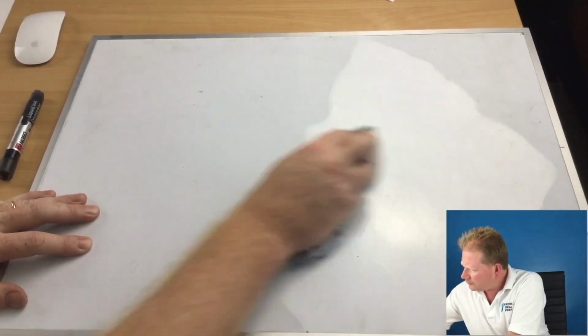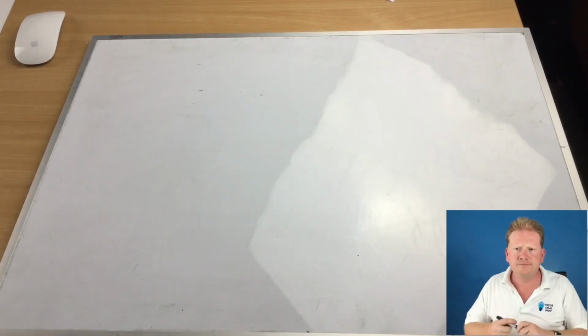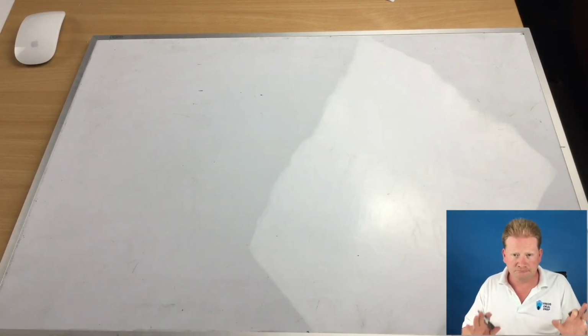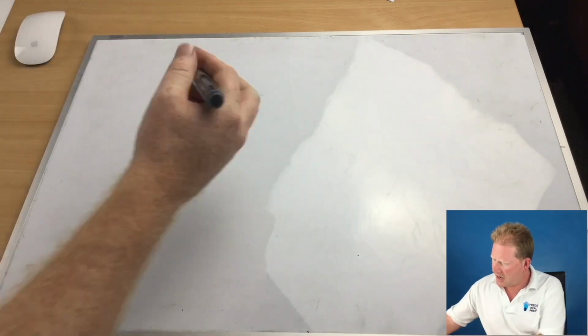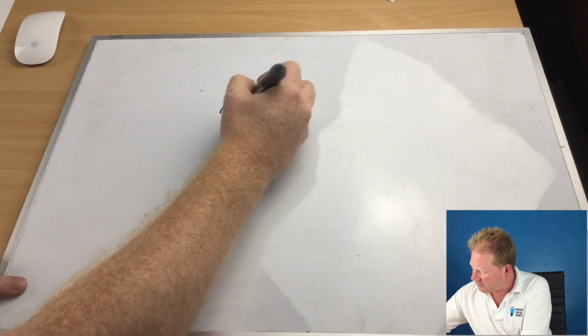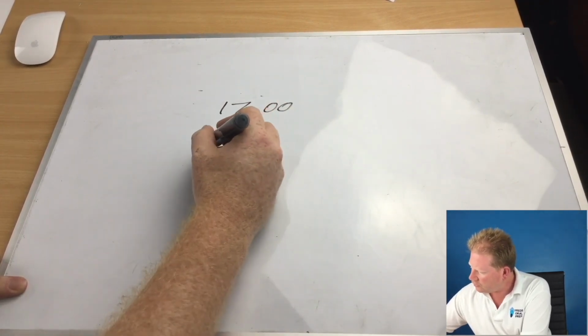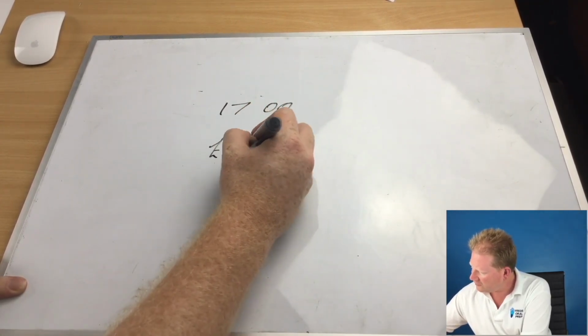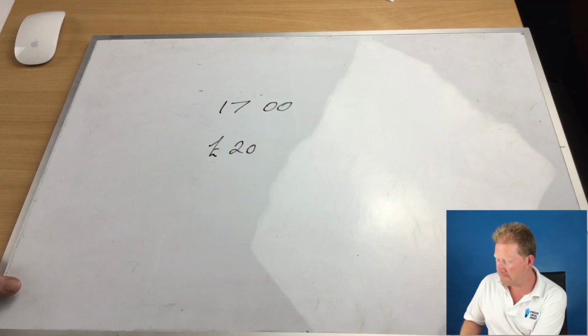So I'm going to imagine some different numbers. Let's look at the numbers that we're going to use here. At 1700, you had £20. So at 5 p.m. you had £20.